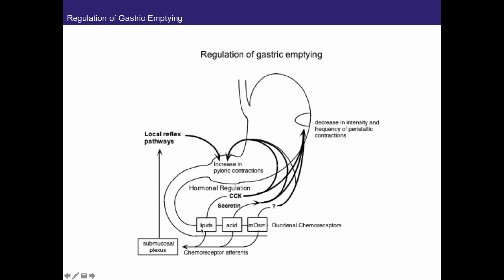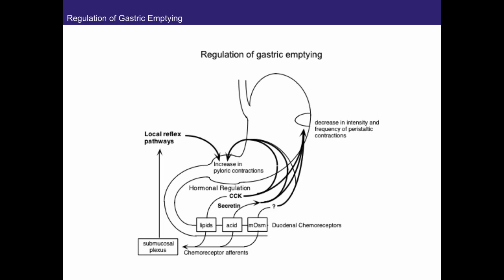I cells. I cells detect the lipids. And as soon as they detect lipids, they start to secrete CCK, cholecystokinin. And you won't have to memorize that. The test will say cholecystokinin, and then in parentheses it'll say CCK.